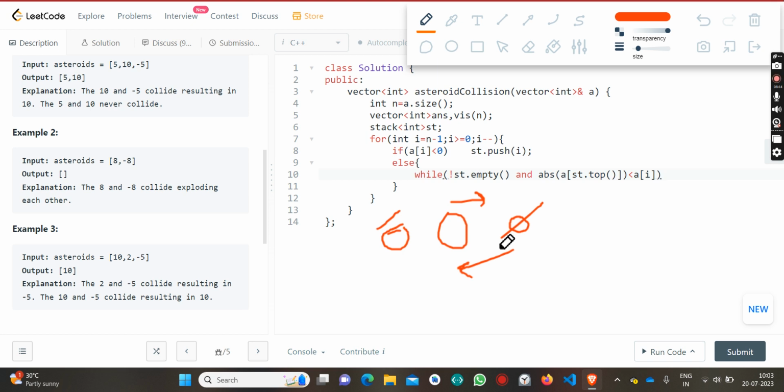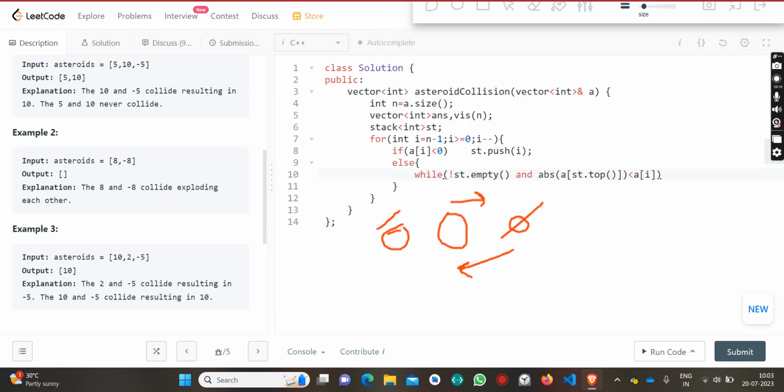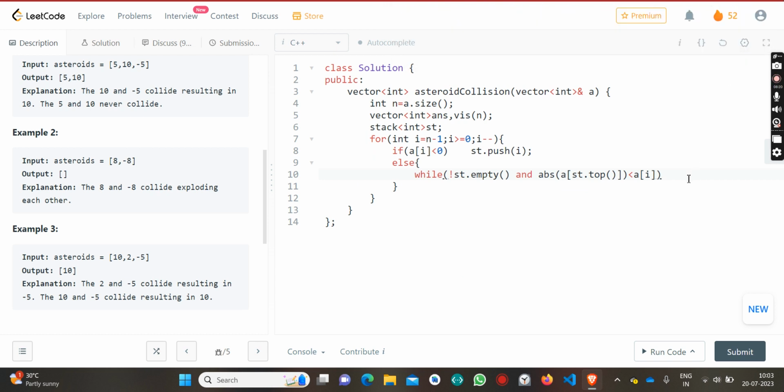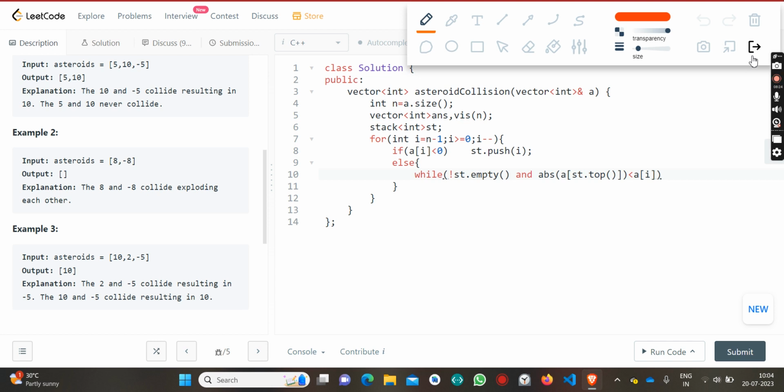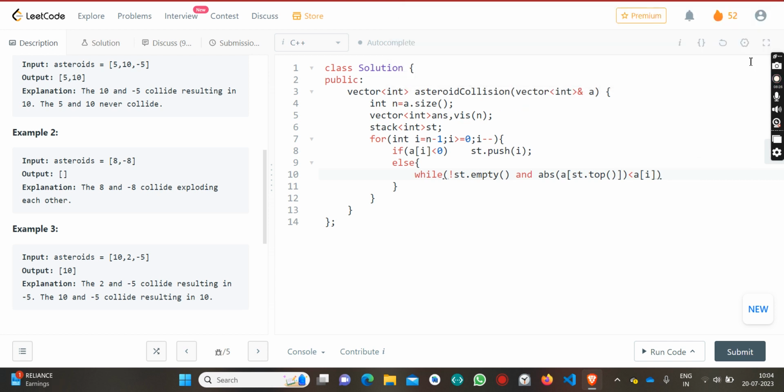Okay, so this way I will do just st.pop, because it doesn't make any sense to keep that asteroid.